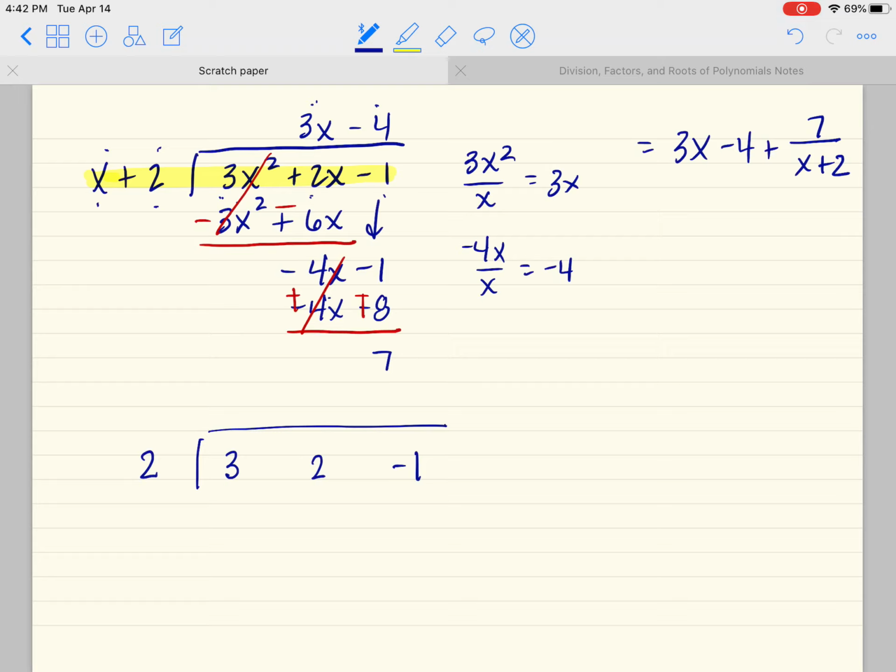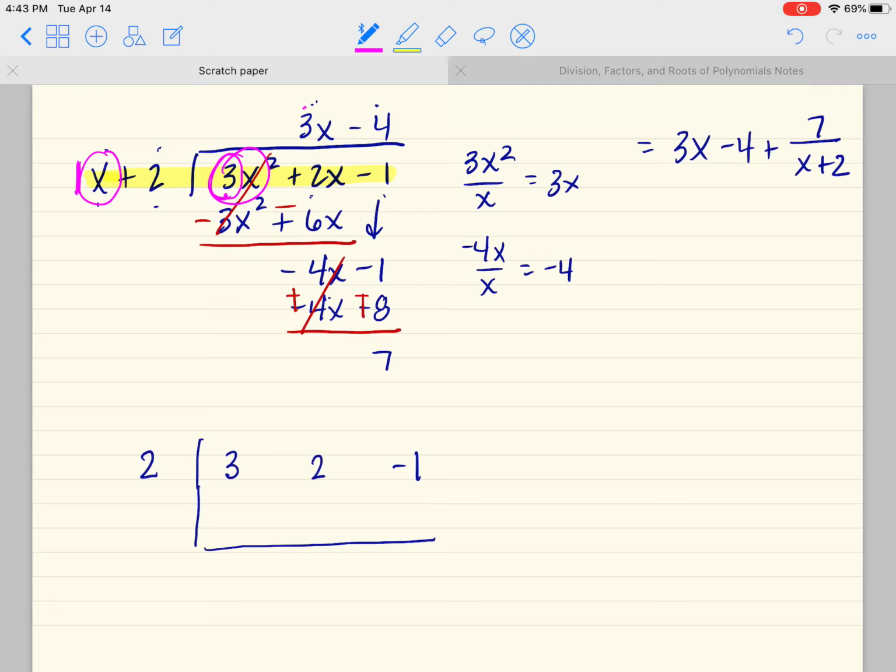Now with synthetic division, you'll see why in a minute, we turn the division box upside down. So instead of making my box go this way, I'm going to make my box go the other way, okay? Now what happens when I divide my first term by the number I'm dividing by, which is 1?